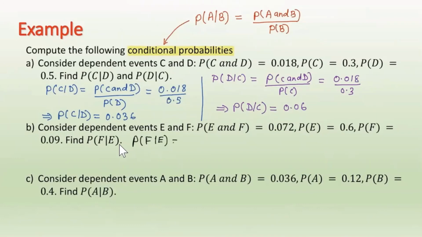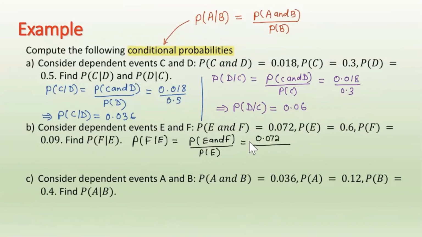Let's write the formula. So it will be probability of F and E, or E and F, which is the same thing, and then we have to divide that by probability of E. Please read, what is the probability of E and F? 0.072.